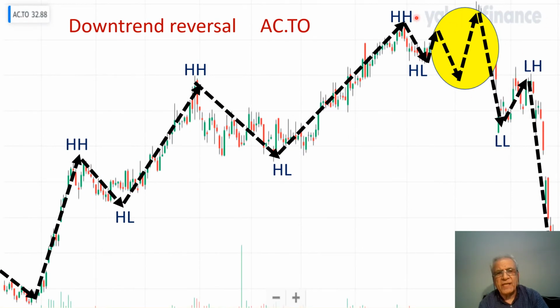This is Yahoo Finance Air Canada stock and D1 time frame. Now, in this graph, I want to show you how a downtrend reversal happens. Here this is an uptrend and the price is making higher high, higher low, higher high, higher low. And in this yellow circle, you see the price cannot make a higher high and higher low.